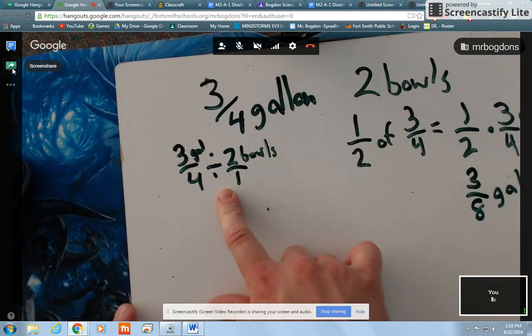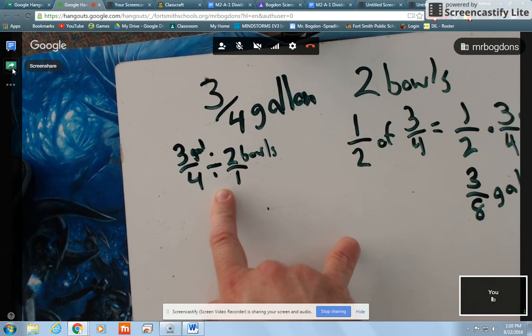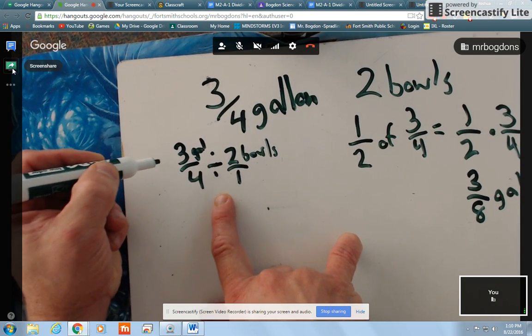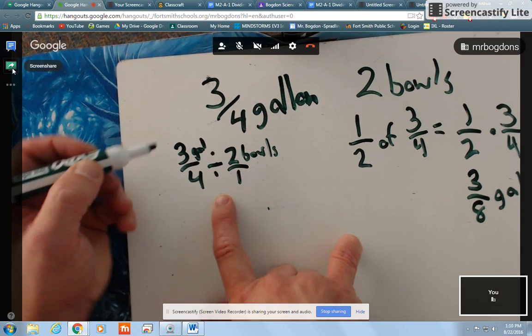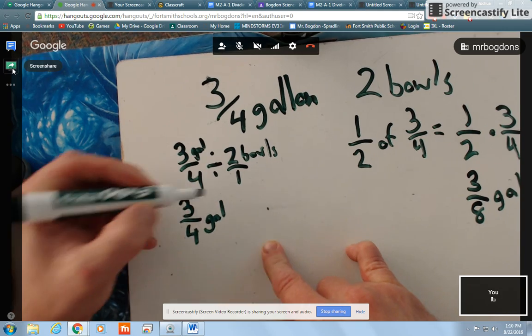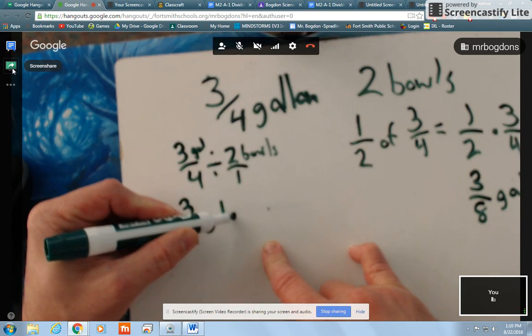Now, let's look over here. We know that there's a saying for dividing with fractions. What is it? Keep, change, flip. Adrian, doing good, participating. Thank you, sir. So, what do I keep? The 3/4. That's what I'm splitting up. But I'm not taking the full thing. I have to change the division to multiplication.